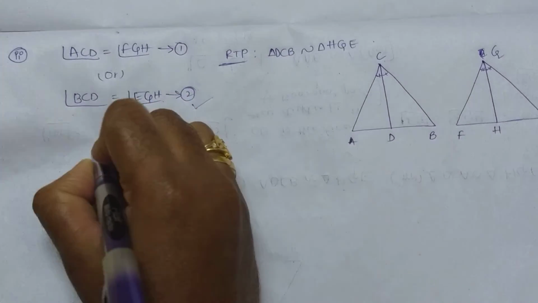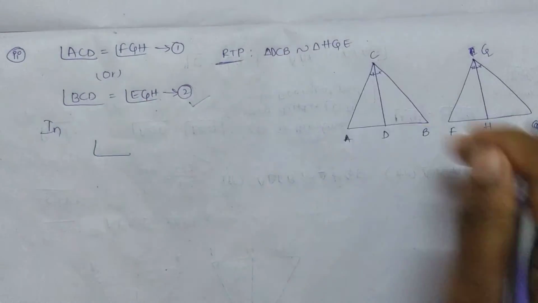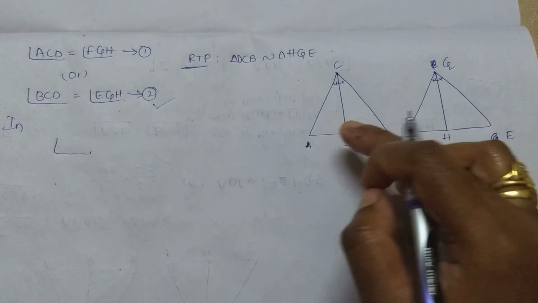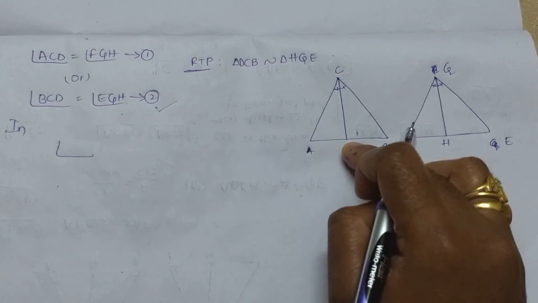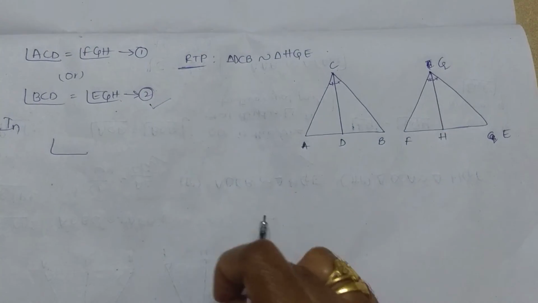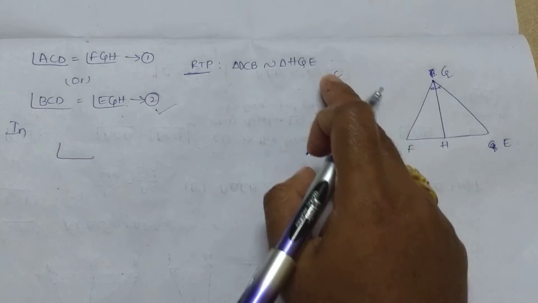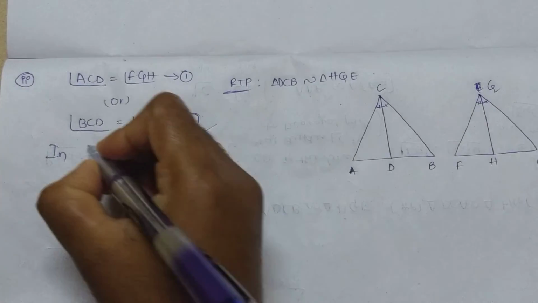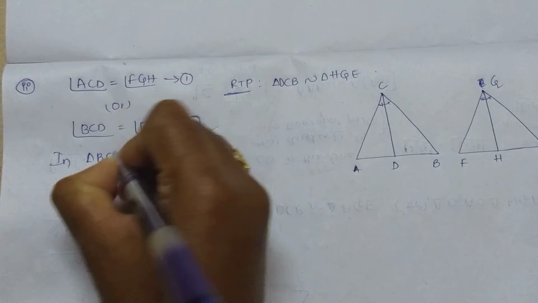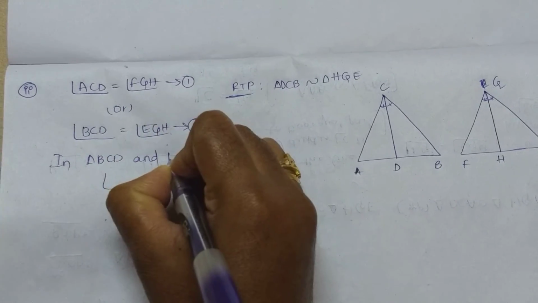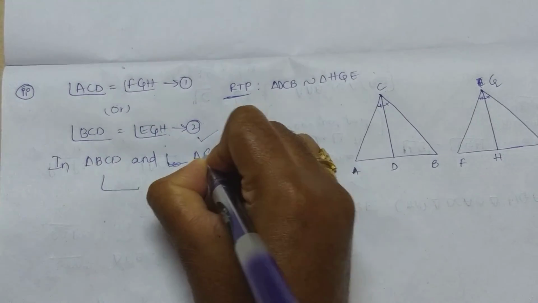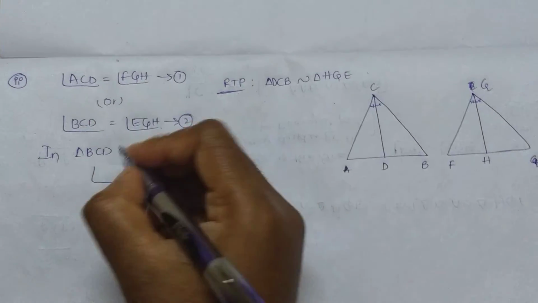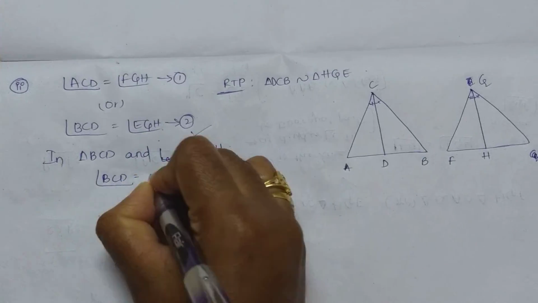When you see here, angle BCD equals angle EGH. It means that in triangle BCD and triangle EGH, we got angle BCD equals angle EGH.